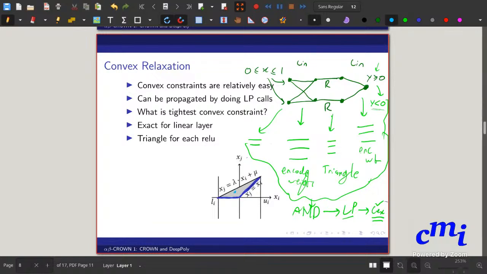This will still satisfy the whole triangle, so it will satisfy all of the inequalities that are part of this LP problem, but it is not on the blue line. So it's not something that can actually happen in the actual network. So it can be that this counterexample is impossible in the actual network, right?